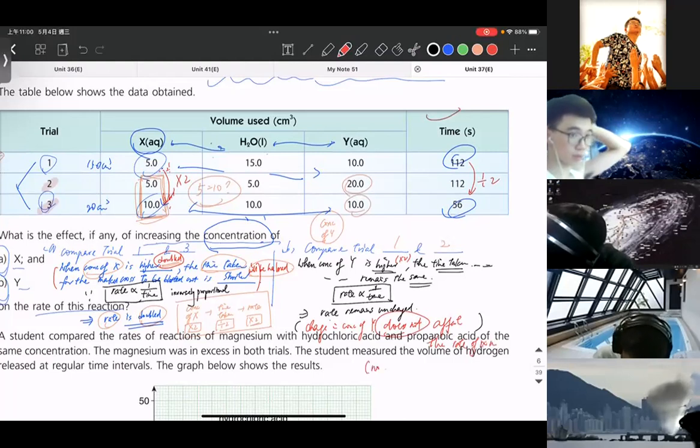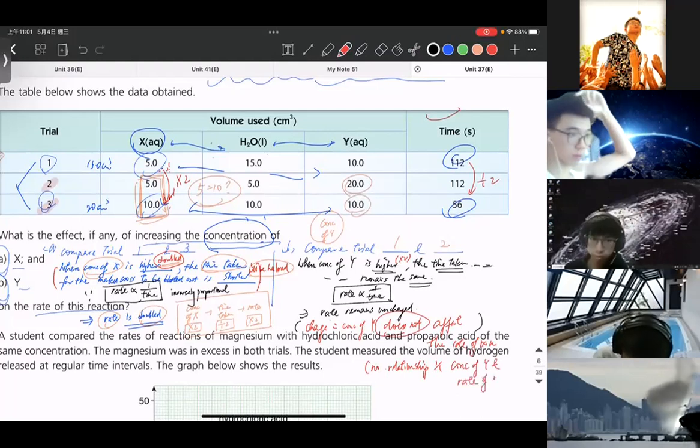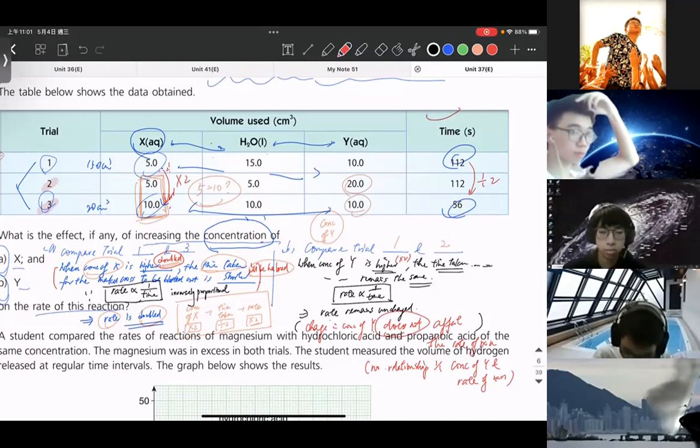So you simply tell that there is no relationship between the concentration of Y and the rate of reaction. Very strange, isn't it? Yes, that is the fact.